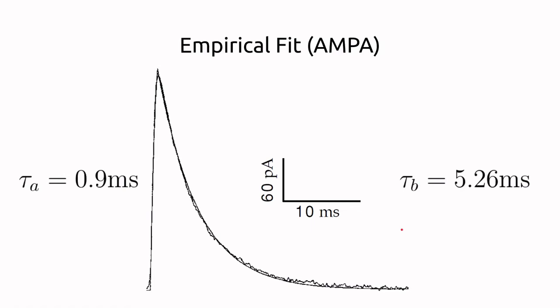What we see here is a graph of the empirical fit for an AMPA receptor, and we see the current that enters a neuron as a function of time. When we fit the data, we get a tau alpha of 0.9 milliseconds and a tau beta of 5.26 milliseconds.